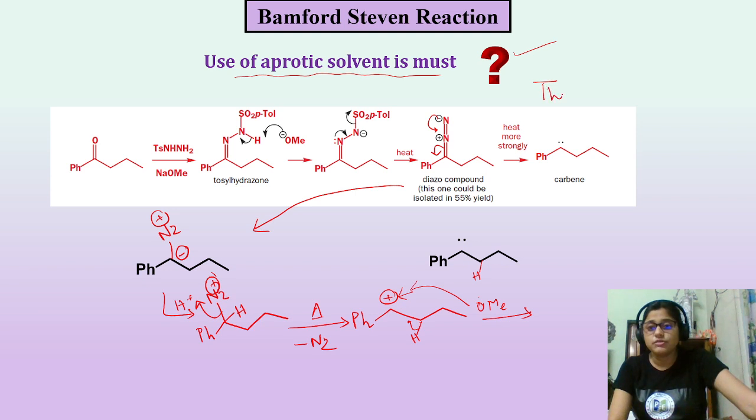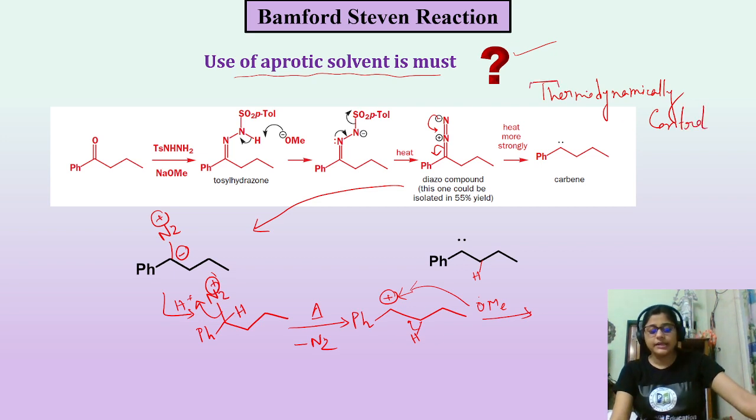It is thermodynamically controlled. So in the case of thermodynamically controlled, what will happen? We will not say which reaction has low activation energy or how much energy is needed.